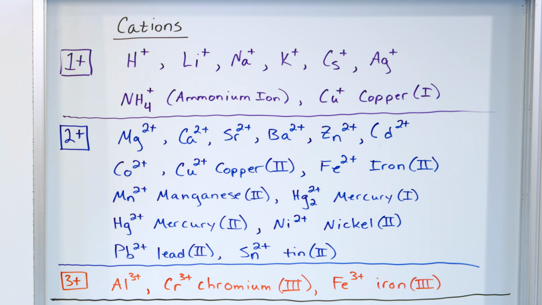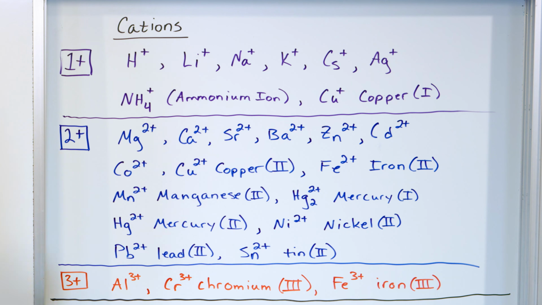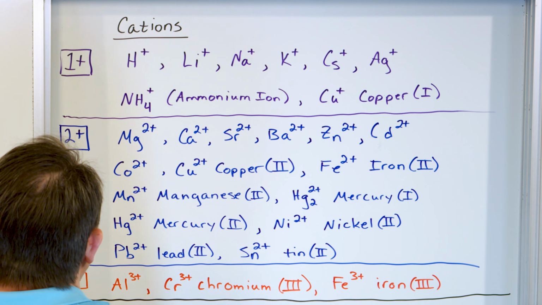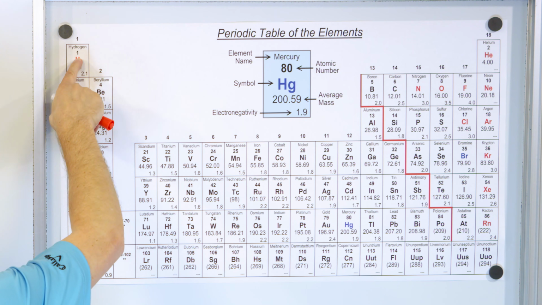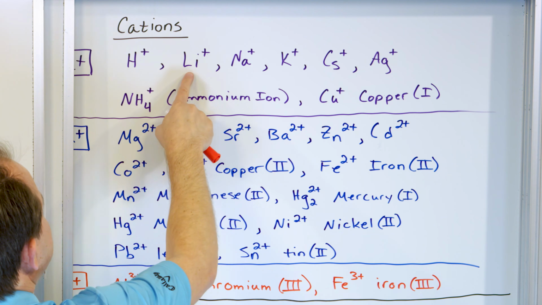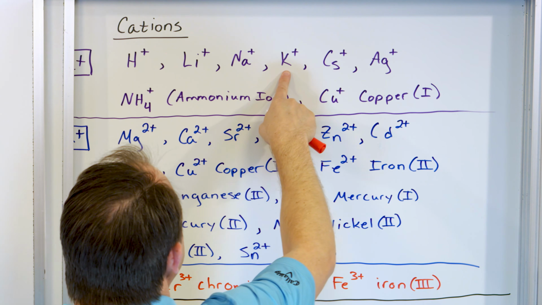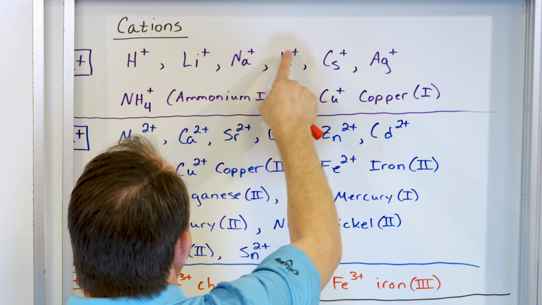So what we have is H. When it loses an electron, it has a positive charge. We call it a hydrogen ion, right? And you can see this from the periodic table, if it were to lose its only electron, it would have a positive charge left over. We just call it a hydrogen ion. Lithium and sodium and potassium, if they lose a single electron, they're going to have a positive charge left over.